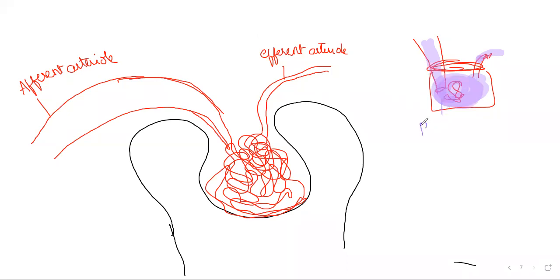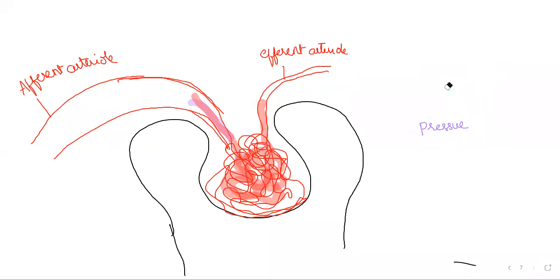Pressure is created. More blood is coming, more blood is coming, less blood is going out. That's why the blood capillaries of the glomerulus definitely have some pressure. First we are talking about that particular pressure.